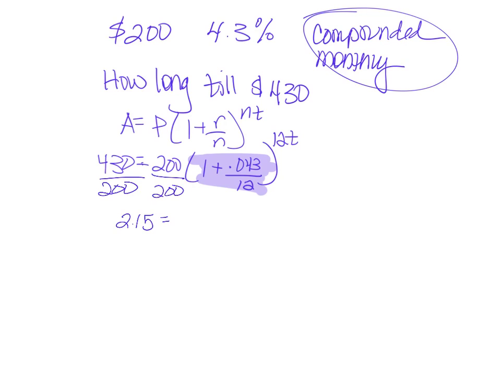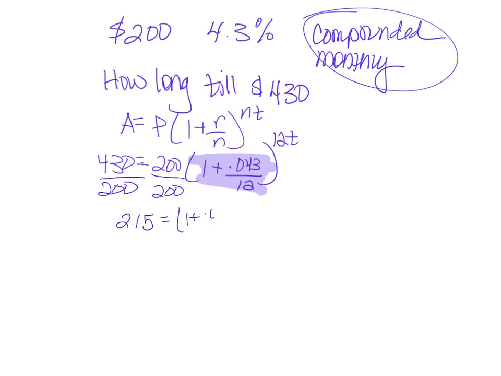And then I am going to simplify that base. When I simplify it, I get 1.003583333. That's too long, and I don't want to round it because it could make it a little less accurate. So I am going to leave this as is.